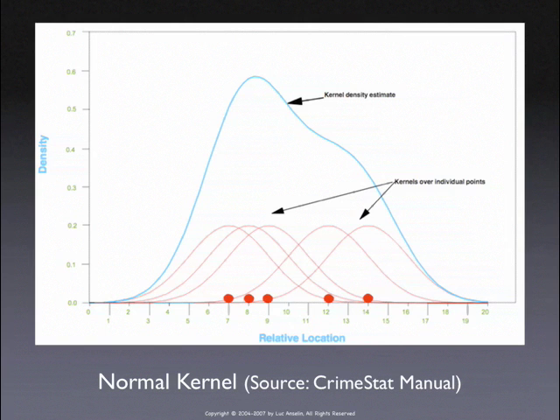That number goes into this function, and then out of that comes something that is related to f. So the function transforms these distances into a value. And in this example, the function is a normal distribution, and this is pulled out of the CrimeStat manual.